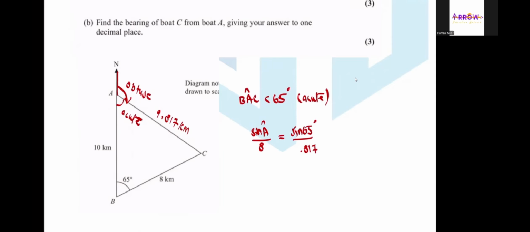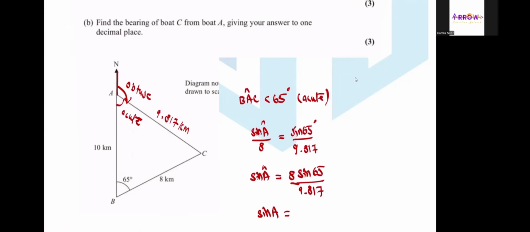So sine A is equal to 8 sine 65 divided by 9.817. Just put this thing in your calculator. So sine A is equal to how much? 8 sine 65 divided by 9.817.